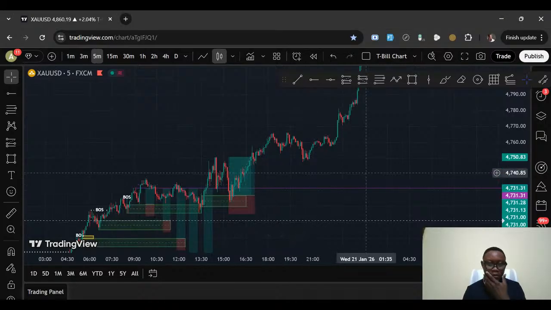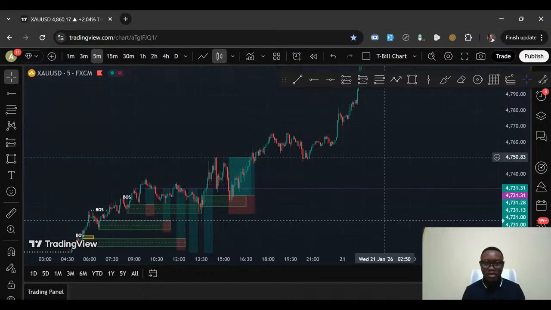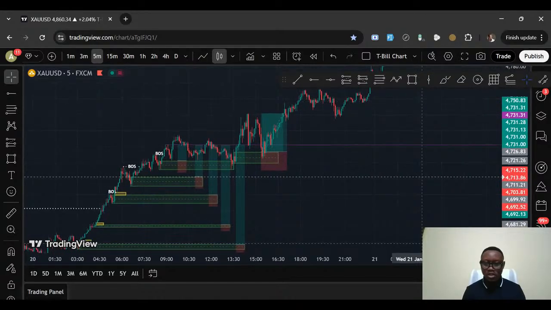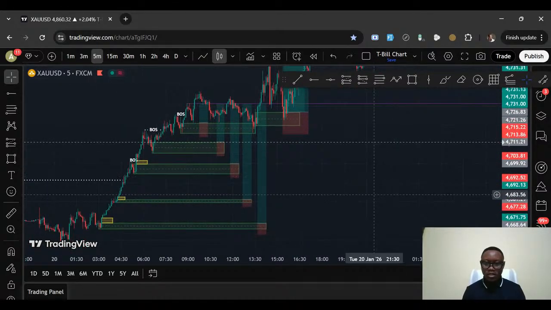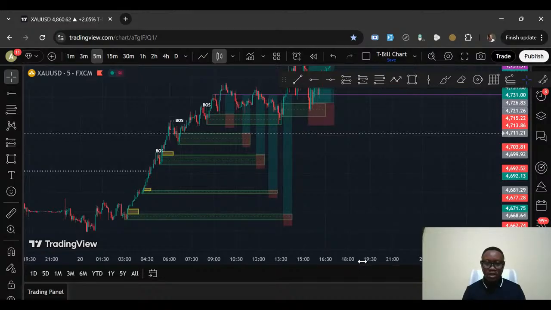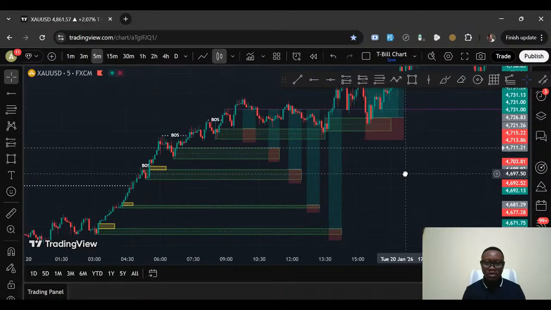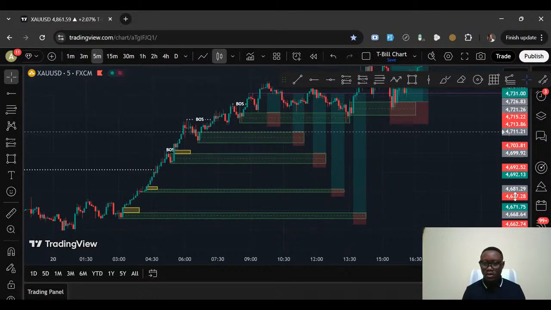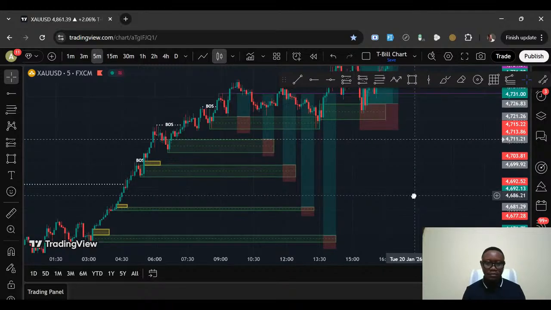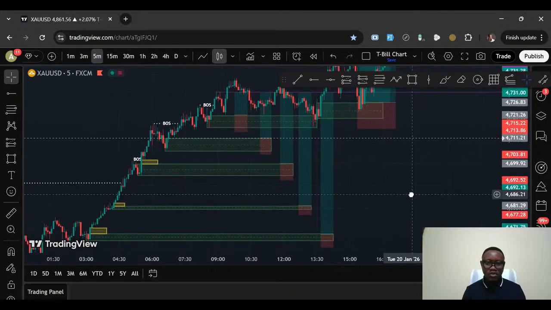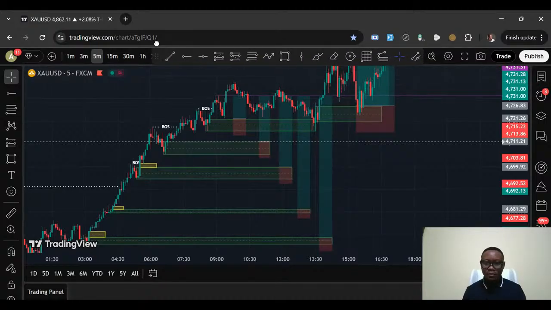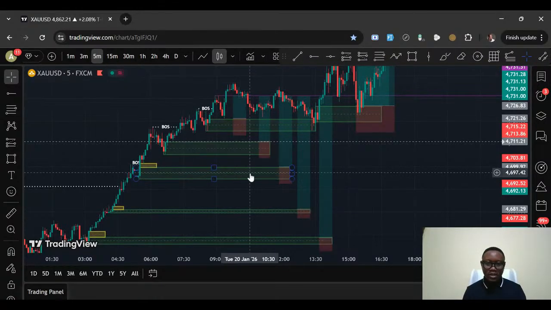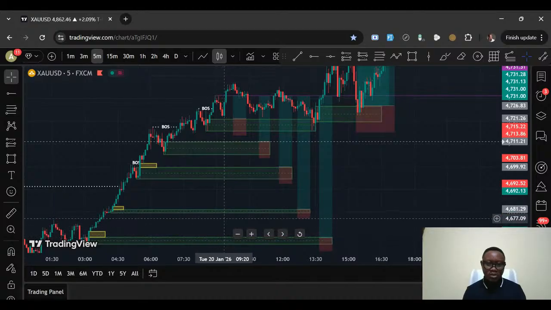During our previous analysis, we marked out these zones as our key areas of interest. Let me zoom in so you can see my screen. Unfortunately, price did not get to these extreme zones.